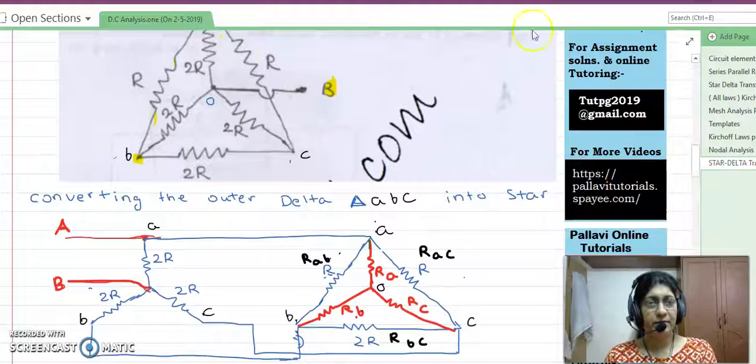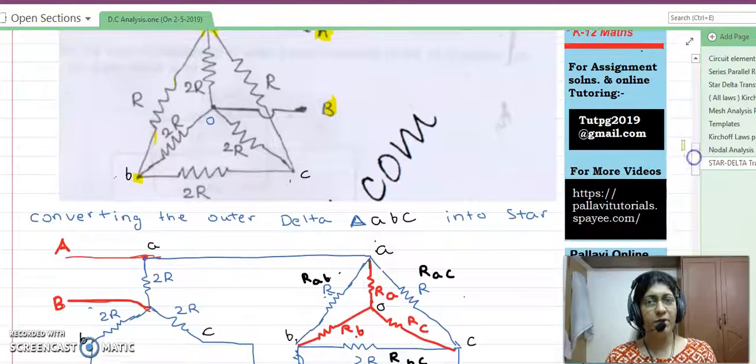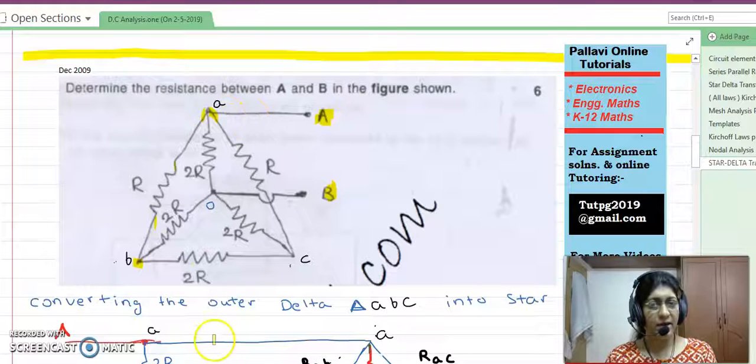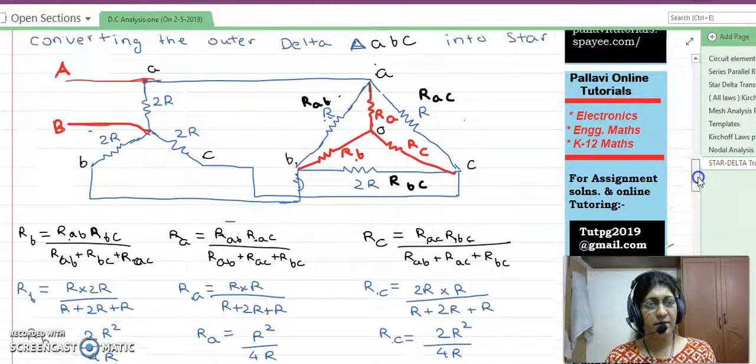See, this triangle, the outer delta abc, I have just removed it outside. This terminal a I am connecting to terminal A, terminal b to terminal B, and terminal c to terminal C. Nothing much done.